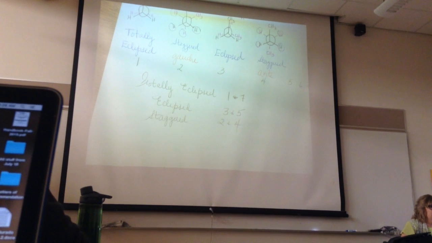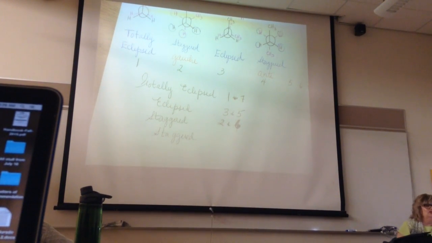And then the lowest in energy is 4, the anti. Many of you are going, what? 2 and 6 are equal, sorry, and then 4 is by itself, and energy is increasing in that direction.